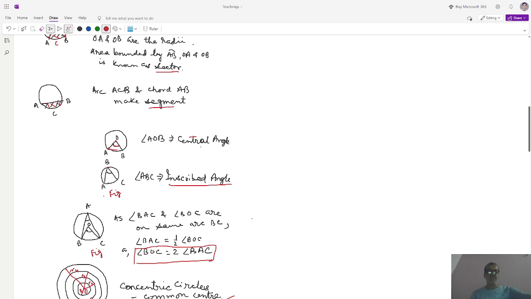According to the figure, the inscribed angle BAC equals half of the central angle BOC. In other words, the central angle BOC equals double the inscribed angle BAC.